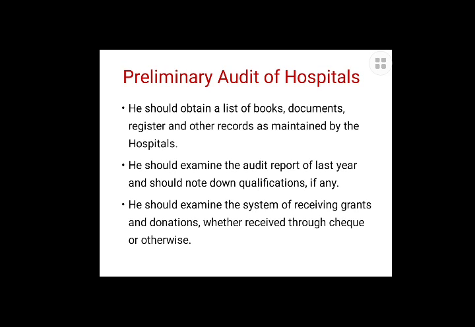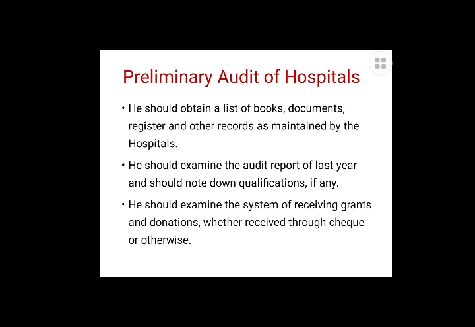Now let us discuss the preliminary audit of the hospital. The auditor should obtain a list of books, documents, registers, and other records as maintained by the hospitals. The auditor should examine the audit report of last year and note down qualifications if any. He should also examine the system of receiving grants and donations, whether received through cheque or otherwise.